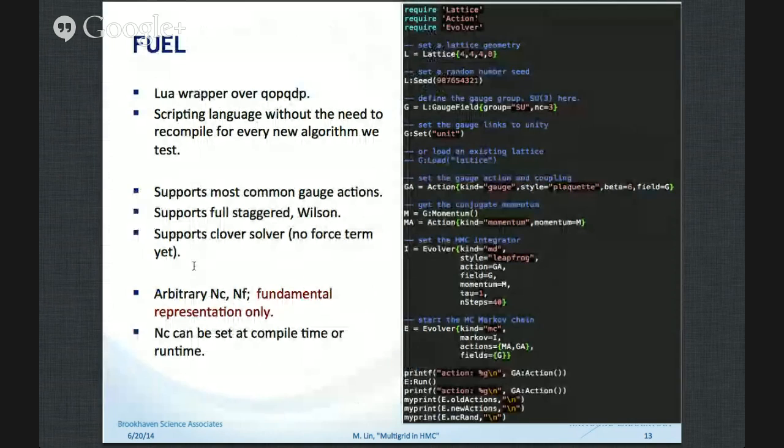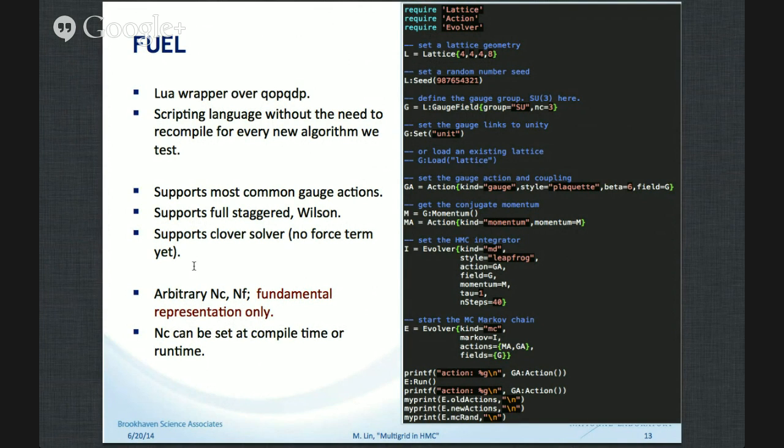So Fuel. Fuel is a relatively new library. It's basically a Lua wrapper over the SciDAC3 libraries. So far, it's only been implemented for QOP, QDP. And Lua is a very lightweight scripting language, and it's very portable.